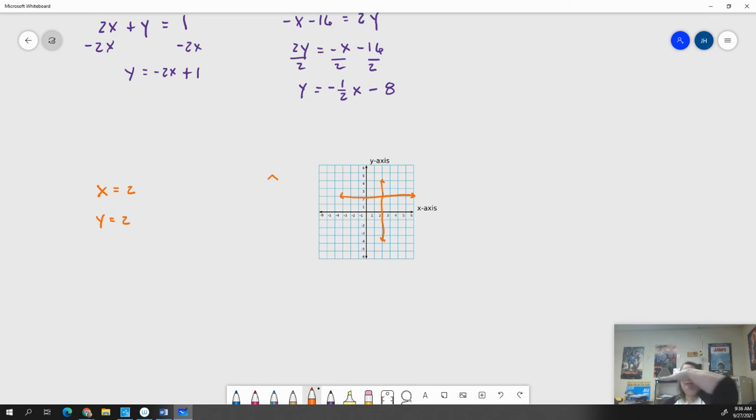If x equals 2 is a straight horizontal line, and if y equals 2 is a straight vertical line, they're going to cross each other at opposite reciprocal angles. That's my little trick one right there for you. I'm trying to write with the eraser now. Does that make some sense? Right? We form these right angles here.